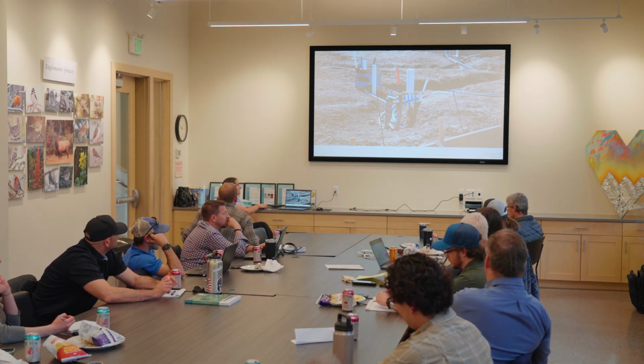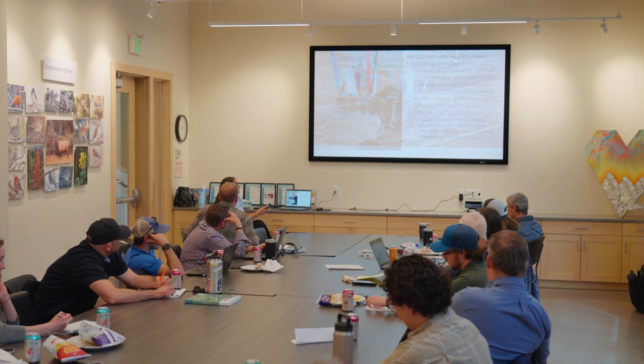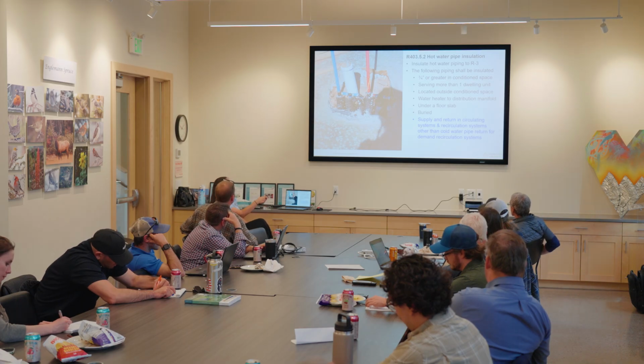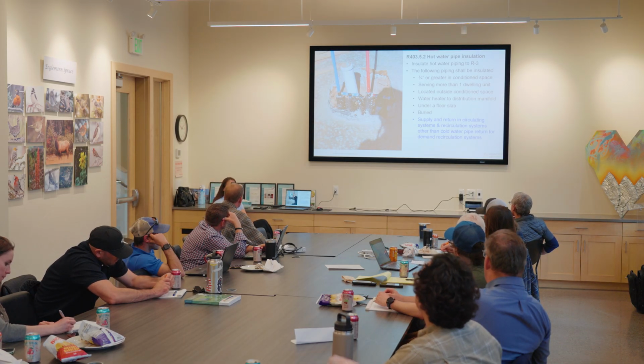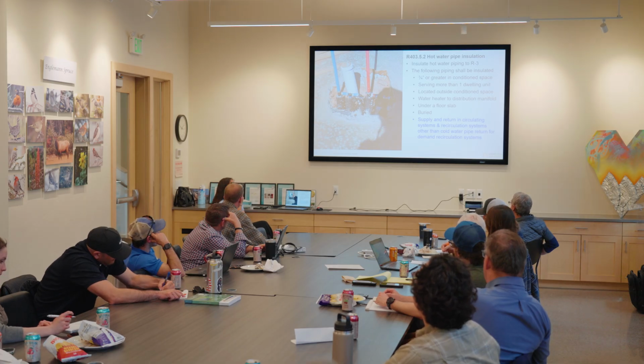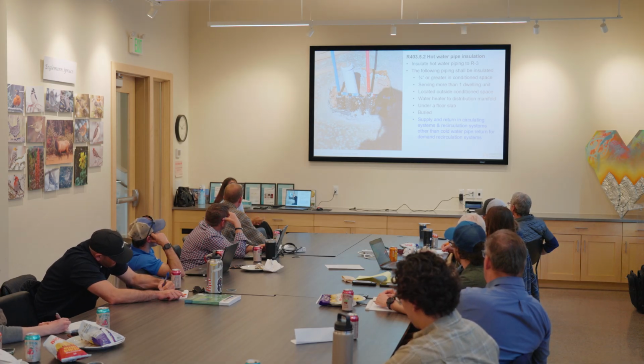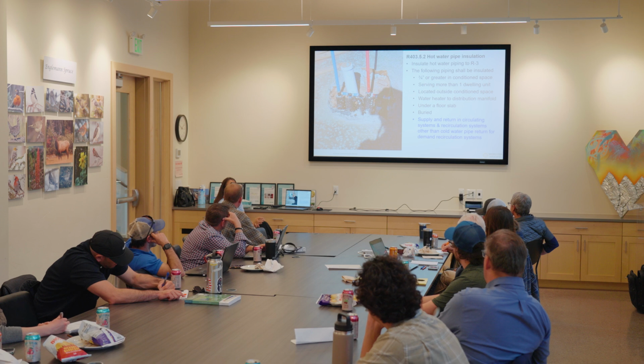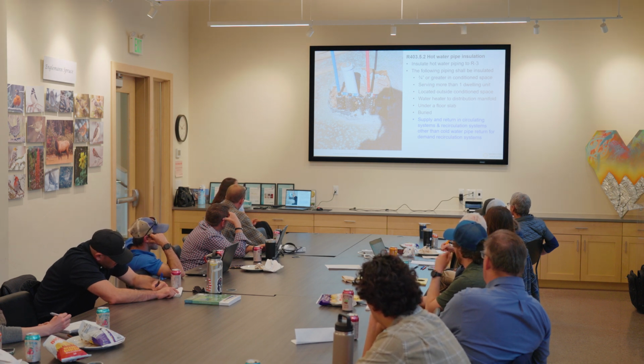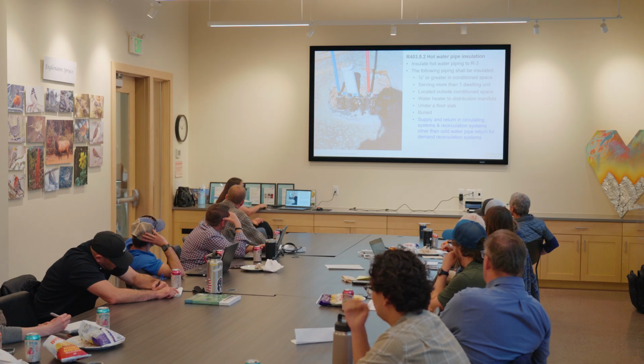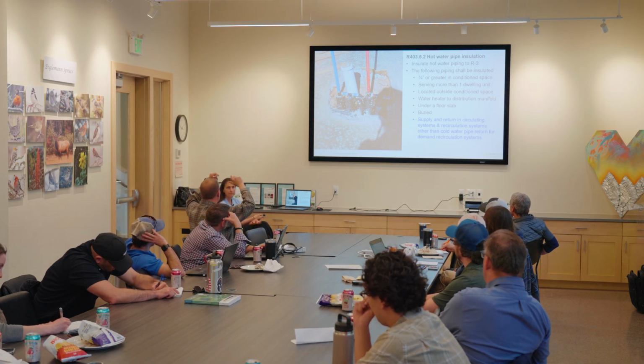So here's one of my favorite ones. We see this image here. And I have a lot of inspectors that say, how do I know that under the slab it's completely insulated, or all of it that's outside of the conditioned space happens to be insulated? How do I know what's happening below there?